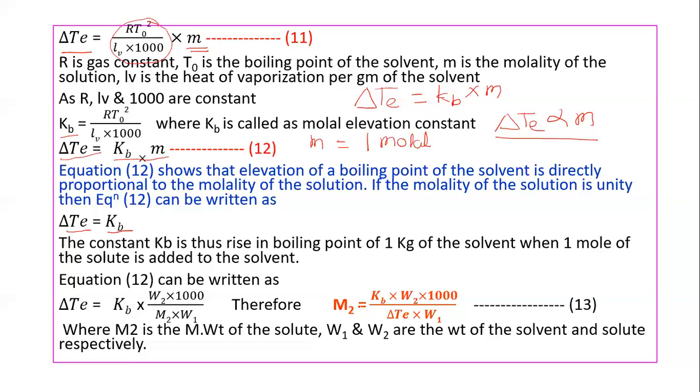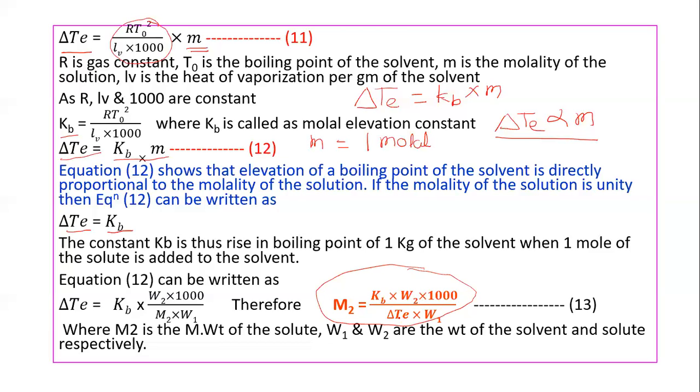This is the relation between the molecular weight of the solute and elevation of boiling point of the solvent. This is a very important equation, and on the basis of this equation we can determine the molecular weight of the solute. So equation 13 is the relation between the molecular weight of the non-volatile solute and elevation of boiling point of the solvent.